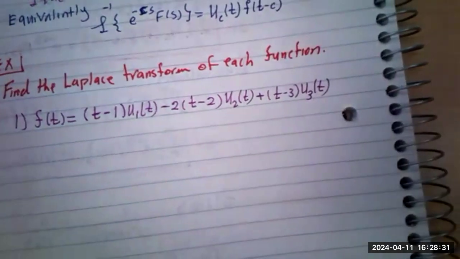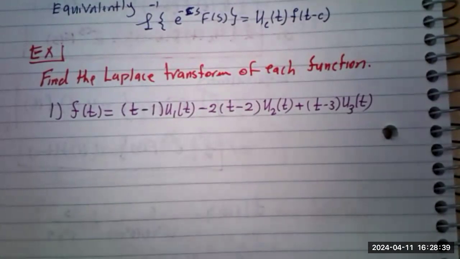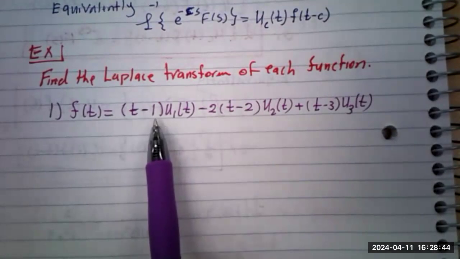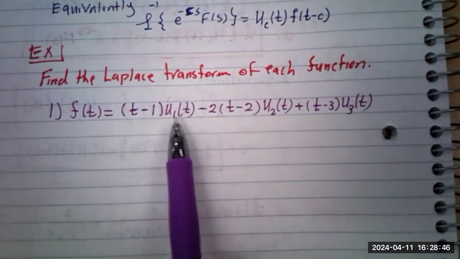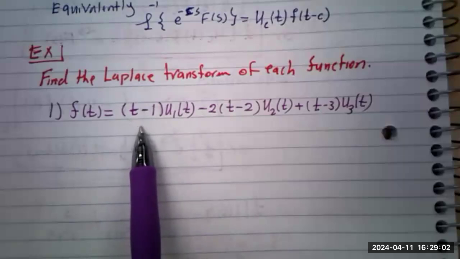You see, you are not going to multiply or simplify, nothing. Just look at these terms that you have. You see, this is u_1(t). This is t minus 1. It's like this is u_1(t) and this is like f of t minus 1. So what is f of t? If f of t minus 1 is t minus 1, what is f of t?